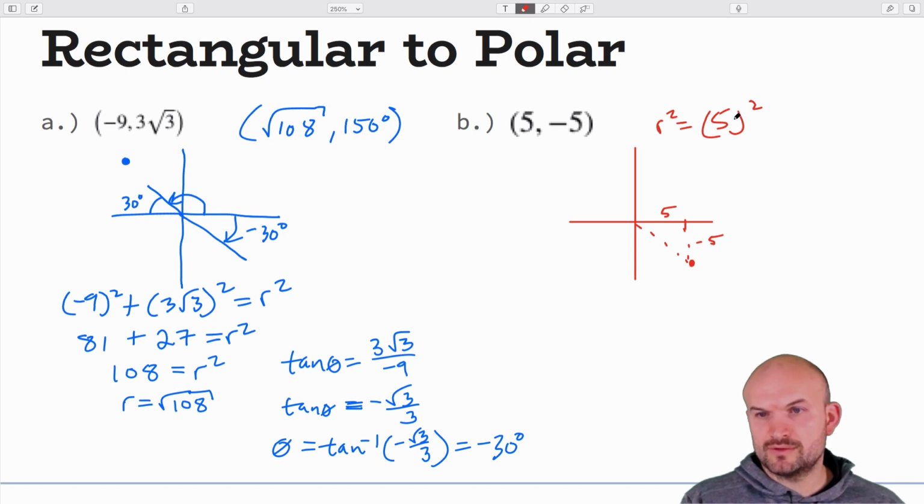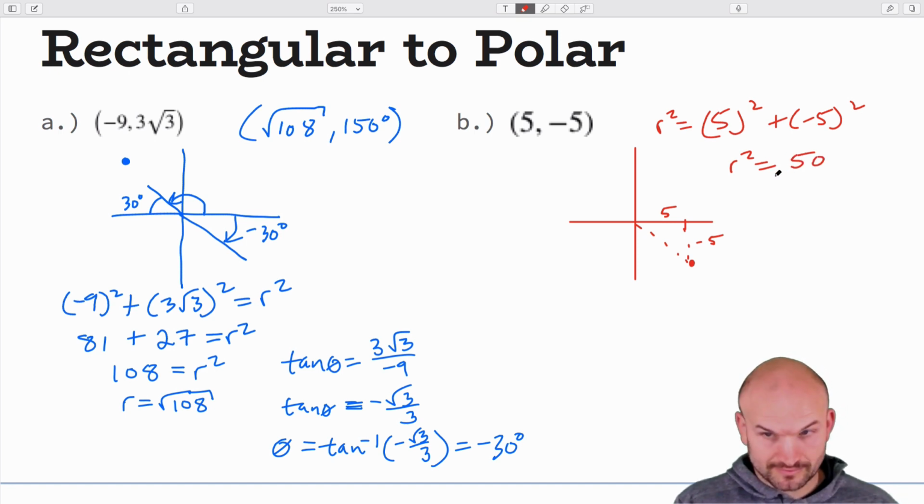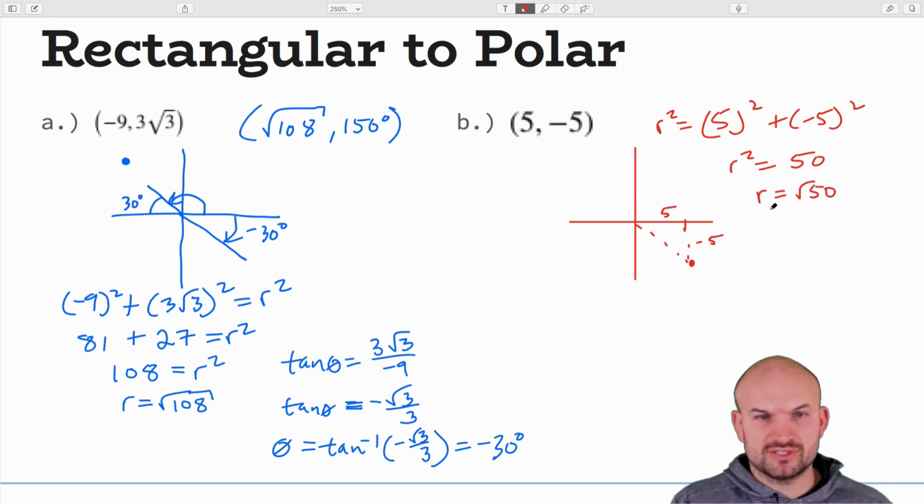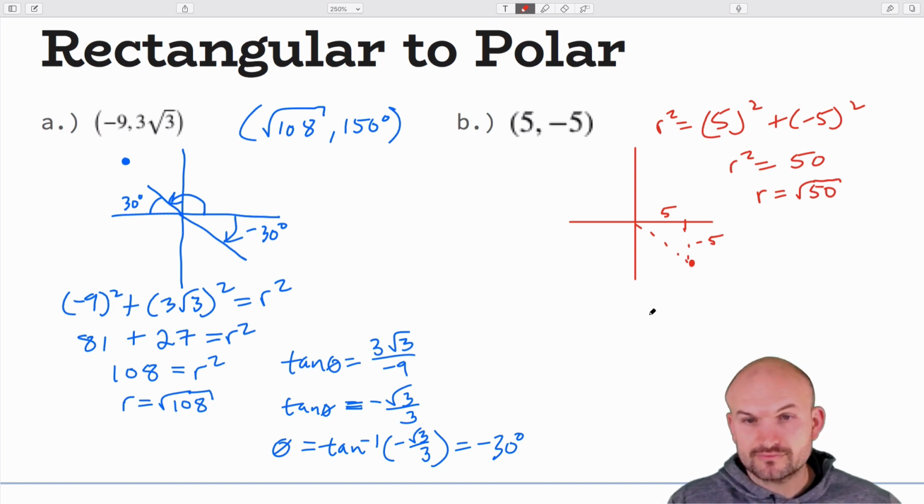So r squared equals 5 squared plus negative 5 quantity squared. r squared is going to equal 50. And again, r then is going to be the square root of 50, but we'll just leave that in the radical form there. So therefore, r is going to be square root of 50.